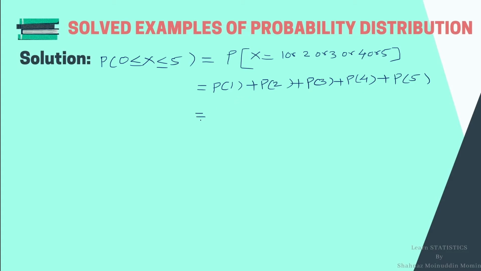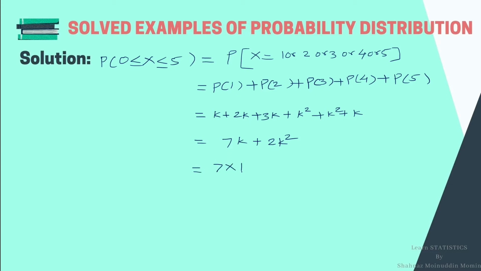By substituting the values of probabilities from the probability distribution table, we get k plus 2k plus 3k plus k square plus k square plus k. By adding all this, we get seven k plus 2k square.